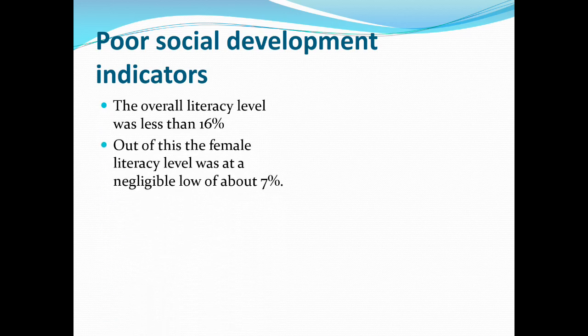Next, out of this, the female literacy level was at a negligible low of about 7%. So amongst the 16%, 7% were only girls. So you can understand how the girl child was encouraged to go out and study.